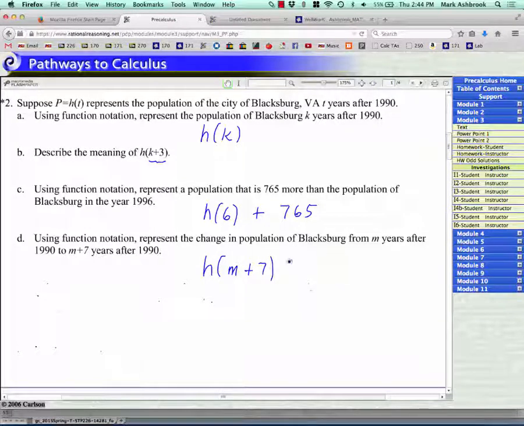So we want the change, from m years after to m plus 7 years after. Oh, minus h of m. That's the thing you need to know how to do. That's really important. So that's a change in population starting m years after 1990 and ending m plus 7 years after 1990.